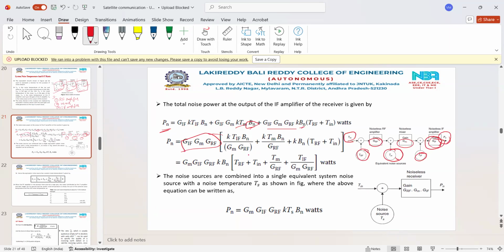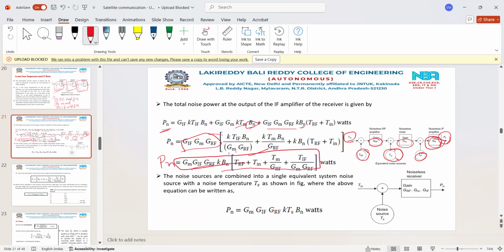The equation is simplified, and we also take K into Bn as a common term. This is the complete noise power Pn obtained at the output of the receiver noise model.